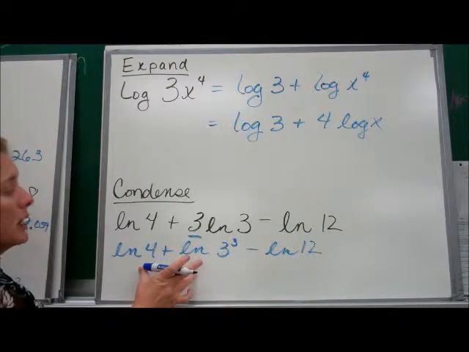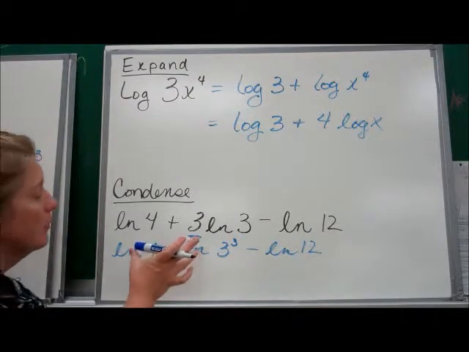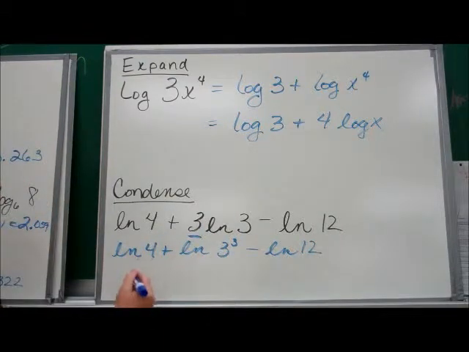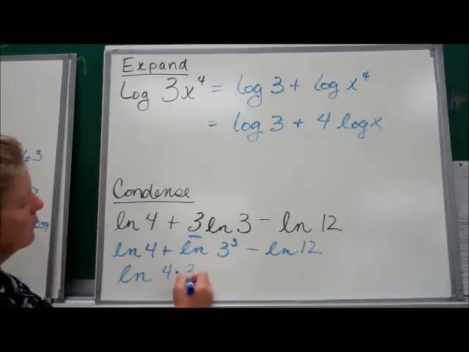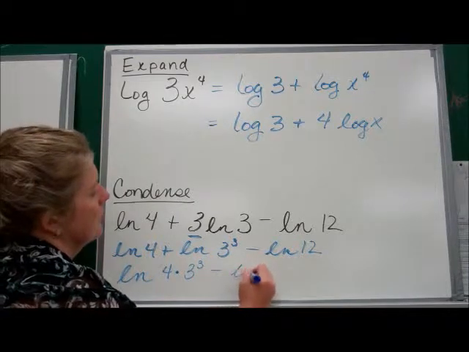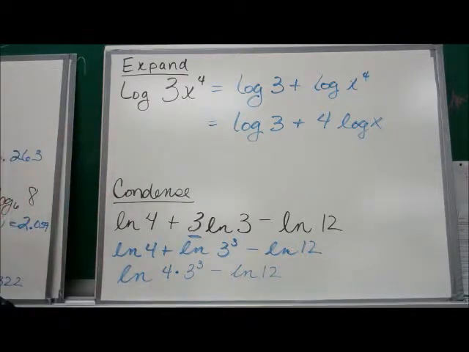This is going to be the product property, and then it's going to be whatever this is divided by that. So the natural log of 4 times 3 cubed. And if you don't like dealing with my factored version, you want to multiply it out, go right ahead. Minus the natural log of 12.